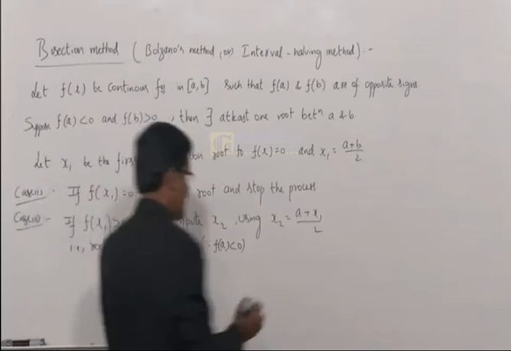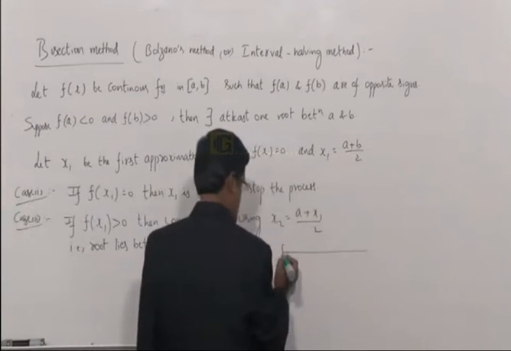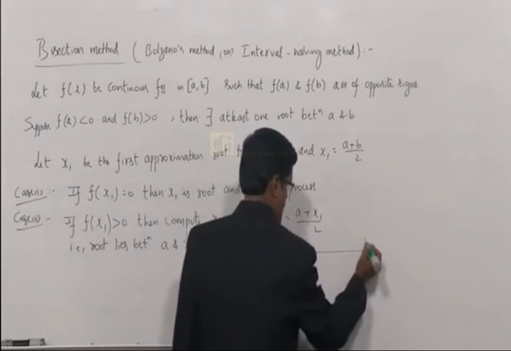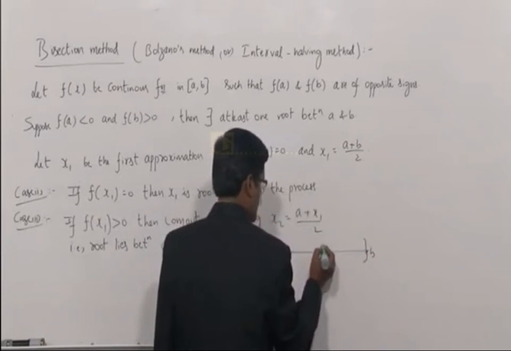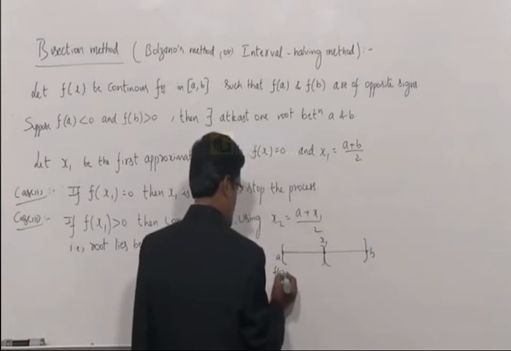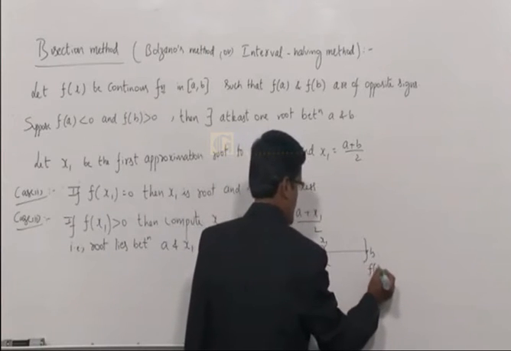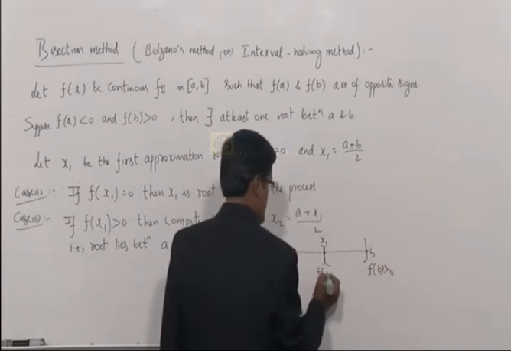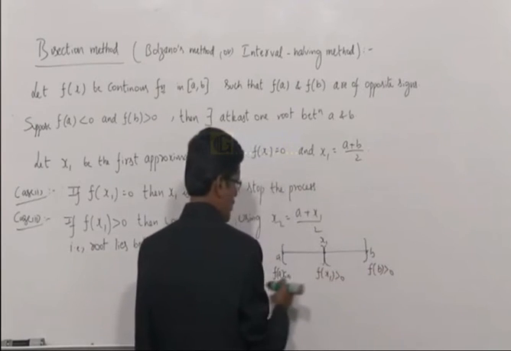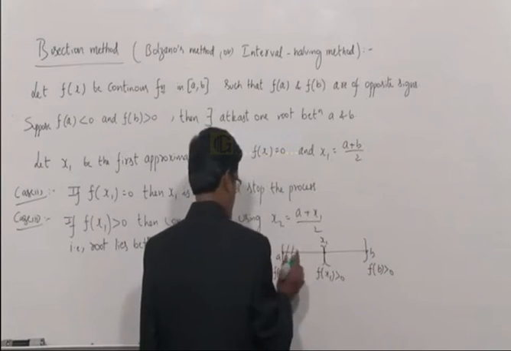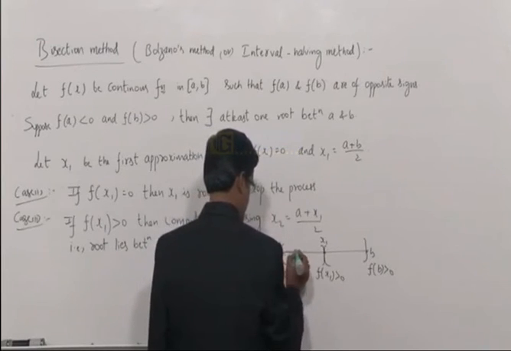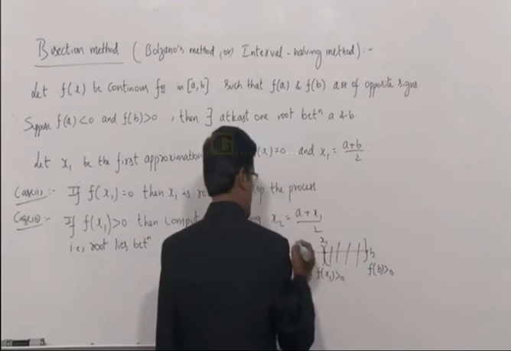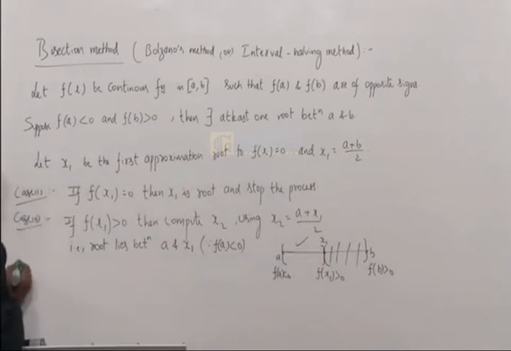Now what is the diagram here? This is the end point a. This is another end point b. Bisection method midpoint, that is x1. Here we have assumed f(a) less than 0, f(b) greater than 0, f(x1) greater than 0. So whenever two consecutive values have opposite signs, that interval is included and the other is neglected. I will explain. First, copy down.